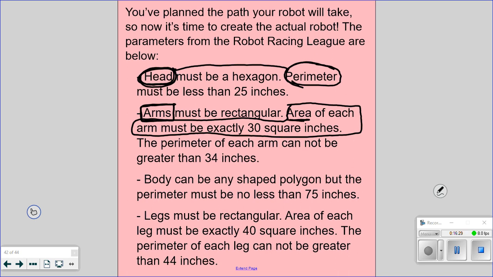Area of each arm means we're counting the squares on the inside. Now the third bullet: body. Circle the word body.